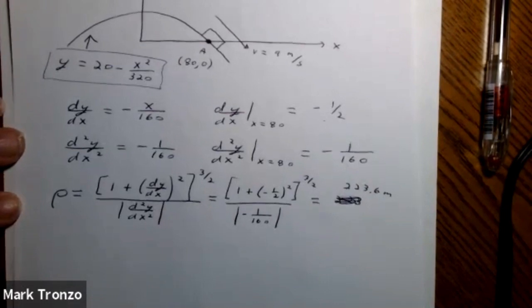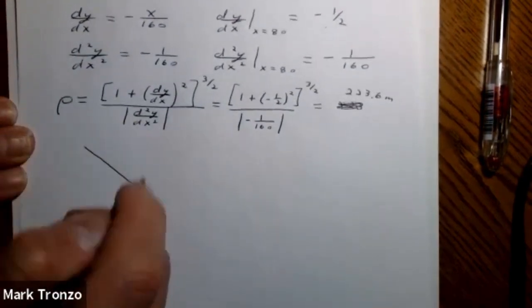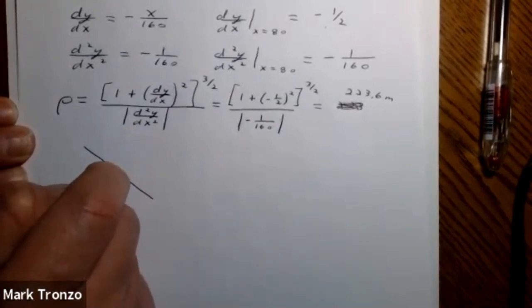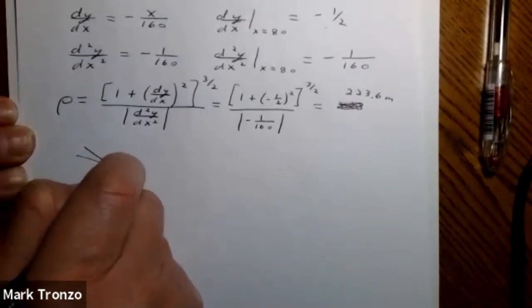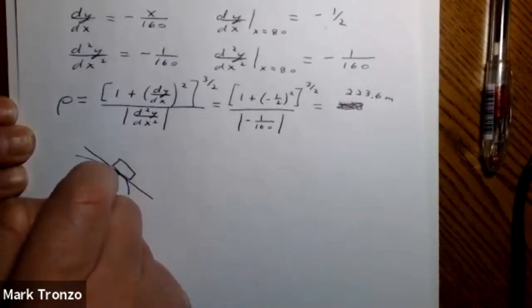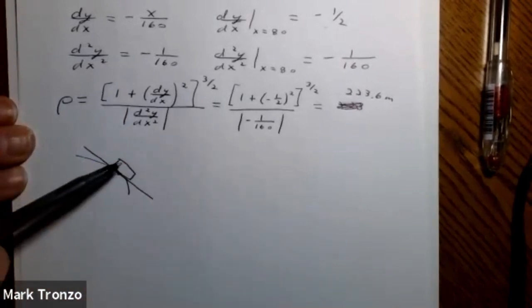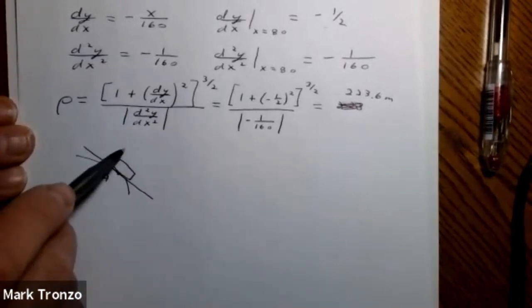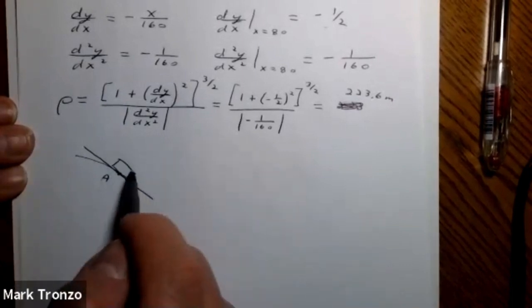And now one thing, if we actually start looking at the forces, we're going to need a little more information. So if you think of just this point here, where this car is moving along, at this point A, we're going to have to figure out forces in the x and y direction, or the normal and tangential direction.